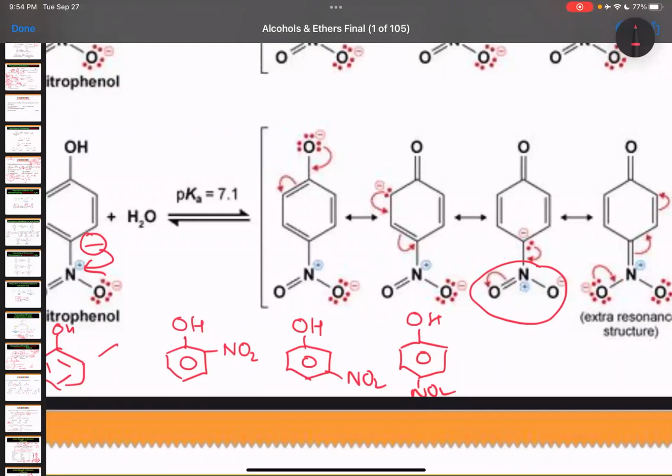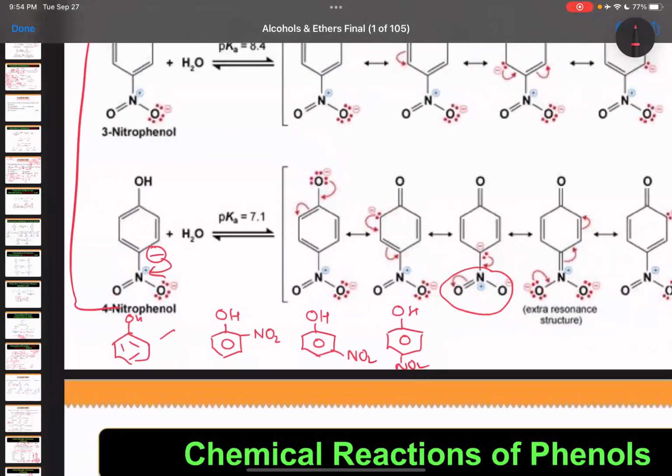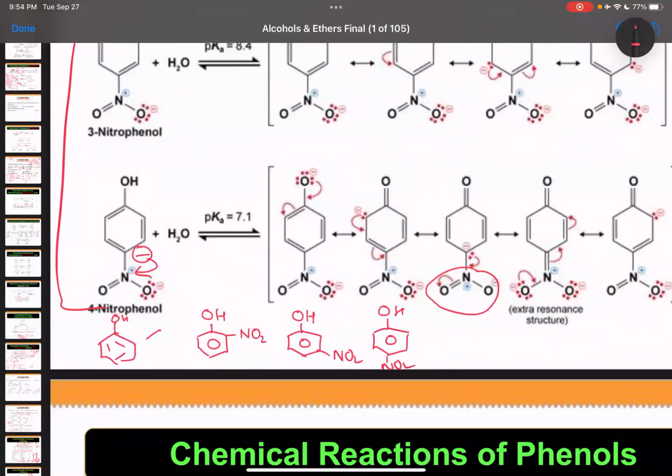Now tell me, which will be more acidic, ortho or para? You tell me first. This is a very famous question asked many times in NEET, JEE Mains, everywhere. So tell me.